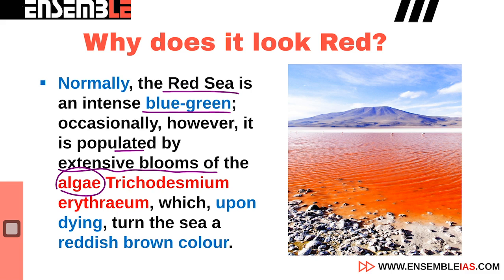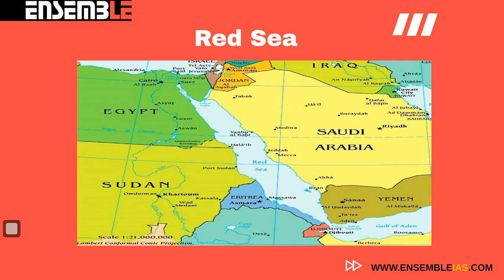The examiner can confuse you by giving the name of a bacteria, but it is a kind of algae, and the name of the algae is Trichodesmium erythraeum. Because of the bloom of this algae in the Red Sea, when these algae die, they give a reddish-brown color to the sea, and therefore it looks apparently red or reddish brown in color.